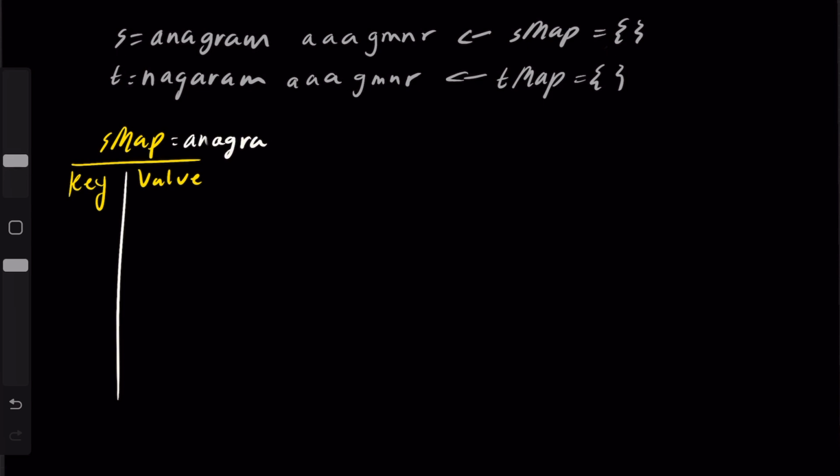And how we're doing this in this question is that, let's say this first letter, A. A is going to be our key, and we've seen A once, so we create a counter for it: 1. Since we're looping, we're going to be looping through every single character inside of anagram, right?